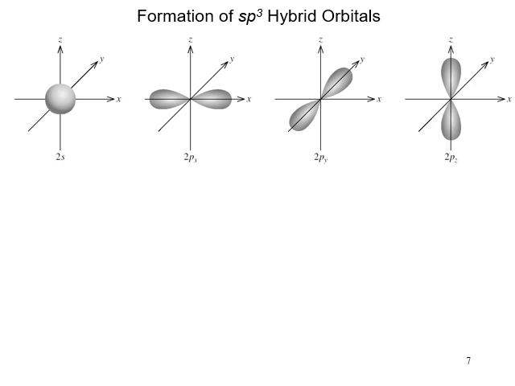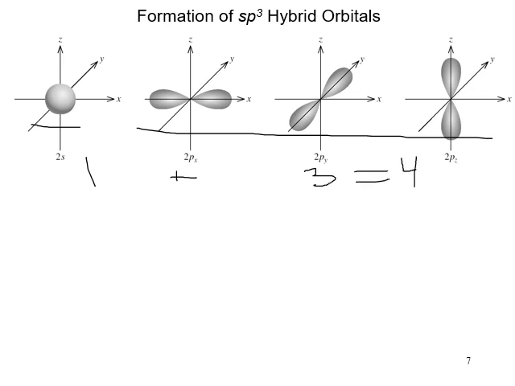So let's first talk about sp3. sp3 hybrid orbitals: if you combine an s orbital with three p orbitals, 1 plus 3 equals 4, and that's going to give us 4 different orbitals. Now you might think, why am I doing this? Well, I have a molecule, like the ammonia molecule, that has 4 groups around it, and those 4 groups need 4 orbitals. So you have 3 hydrogens and 1 lone pair, and that is 4 orbitals that are required.